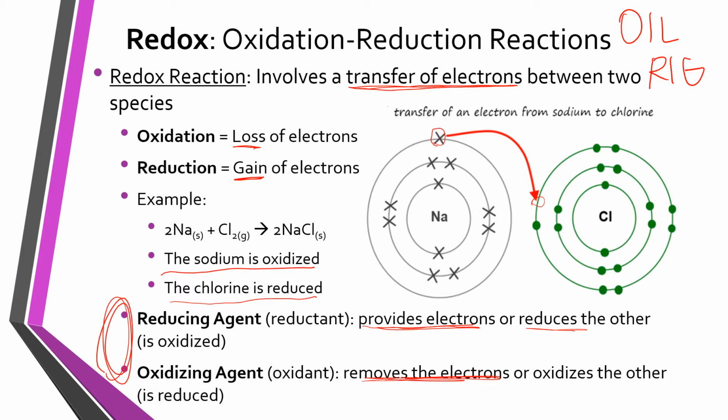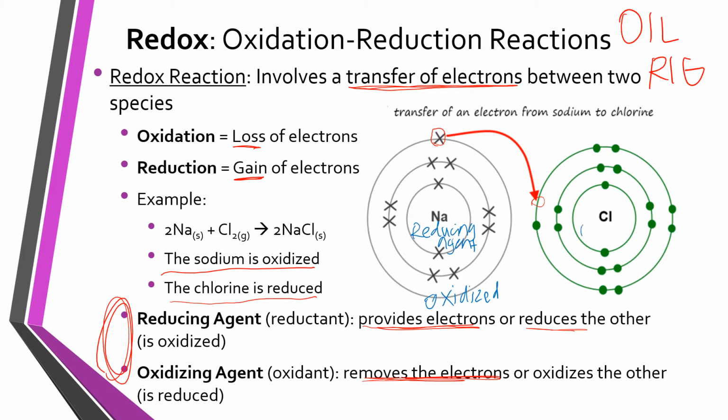In this case, sodium is providing the electrons, so it is the reducing agent. But it's oxidized. While chlorine is the one that's pulling the electrons away or removing them from sodium.